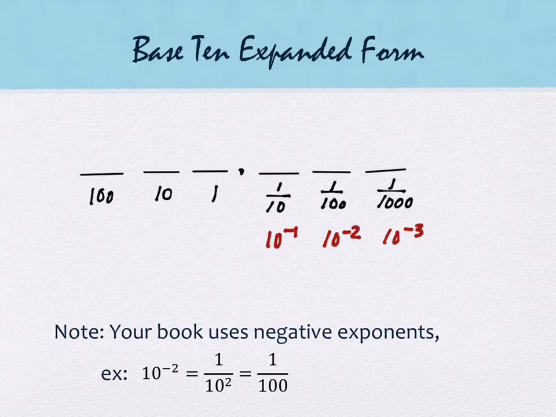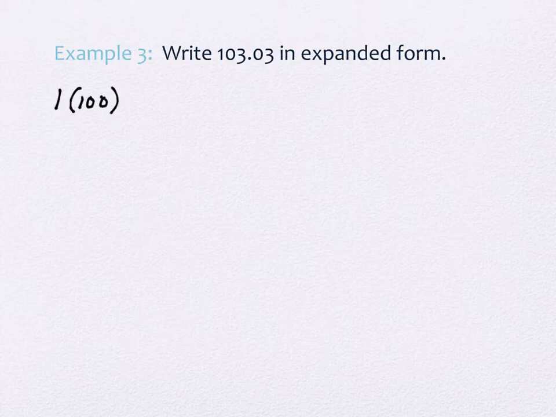So let me do an example with you. I'll show you what I would prefer that you write down. I'll show you what the back of the book will say so that you can see how they compare. Okay? So over here, we have another example of a number form of a decimal, and we're going to write it in base 10 expanded form. So the 1 at the beginning is 1 times 100.